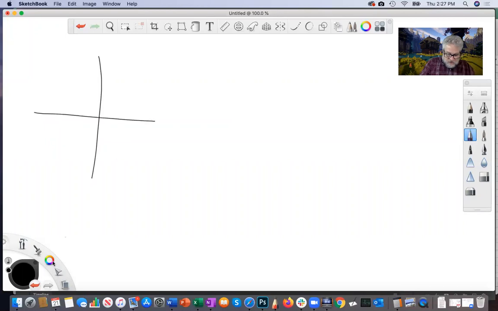So if we have our Cartesian plane here, and we got a line. So this line has this point right here, which is called the y-intercept.